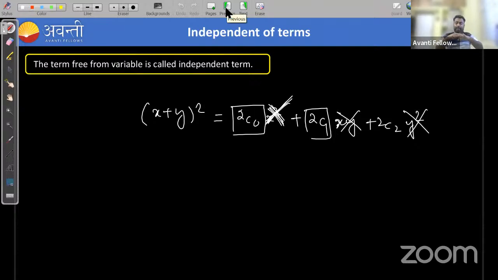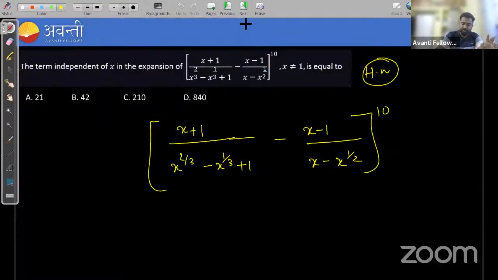We know how to find the middle term, the highest binomial coefficient, and the coefficient of a term in the expansion. We have studied independent terms also, and we'll solve these questions tomorrow.